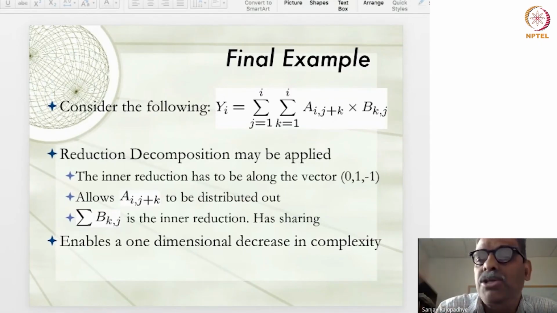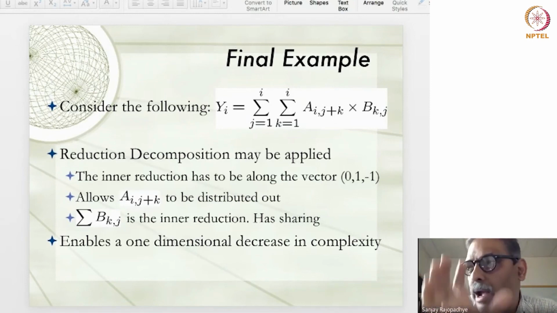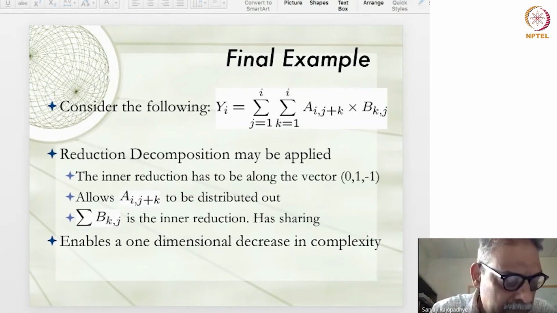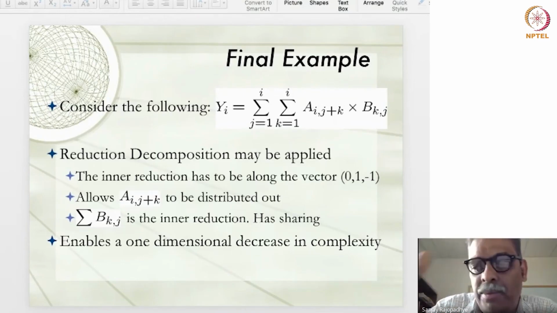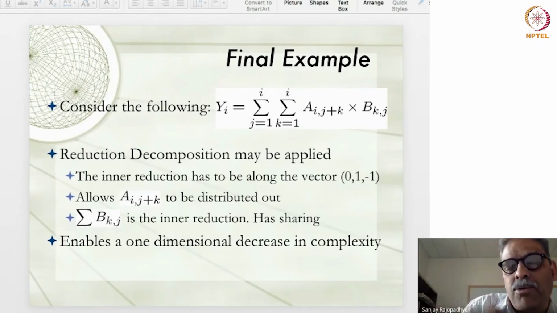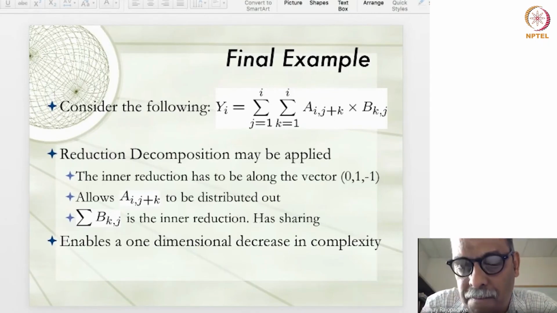So sigma jk doesn't have to be adding up just along the axes of the jk plane. I can add up some oblique sets of values. And among those oblique sets of values, the same A is being used and it can be pulled outside that inner sigma. Is that what you did?